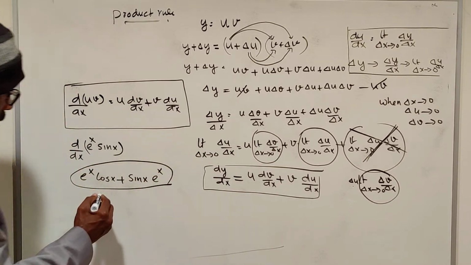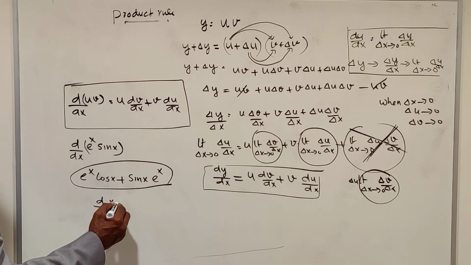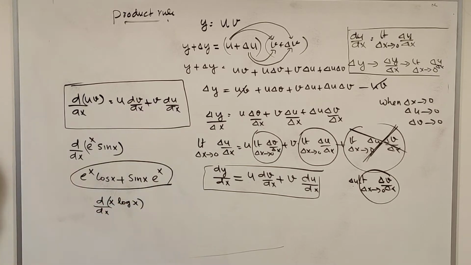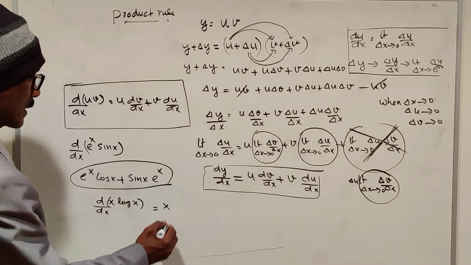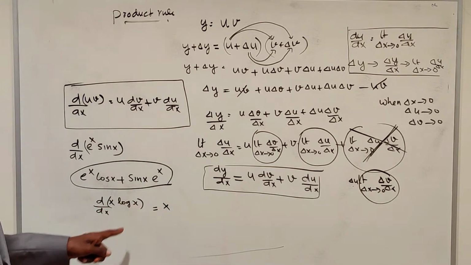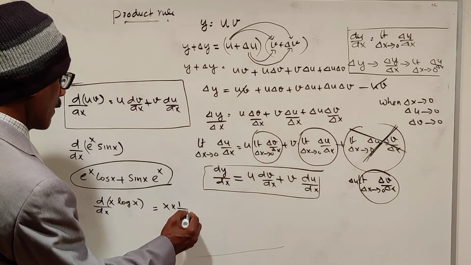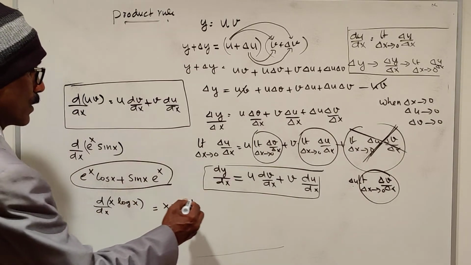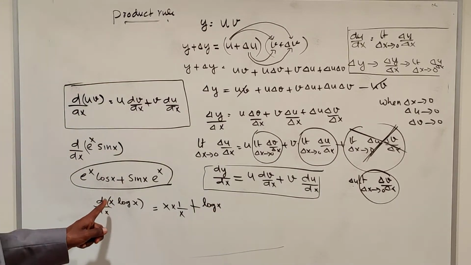Another example, d by dx of x log x. How can you differentiate this? First function x times the derivative of log x, which is 1 by x, plus the second function log x times the derivative of x.